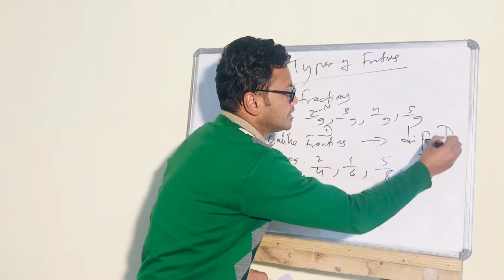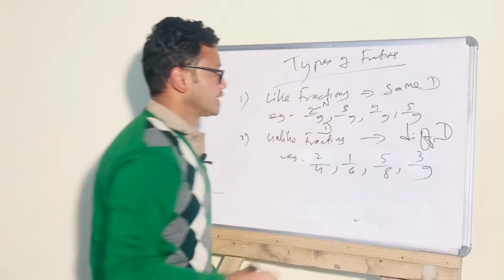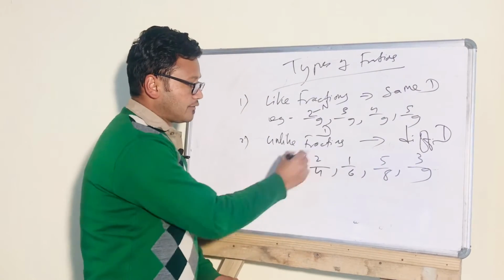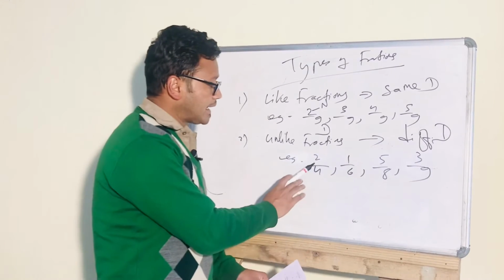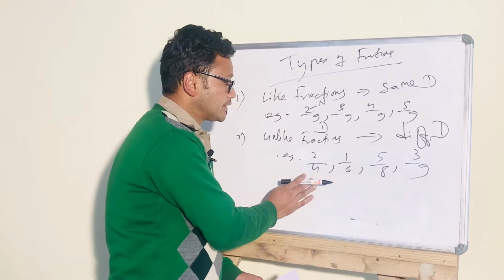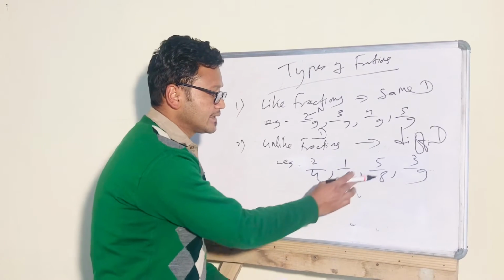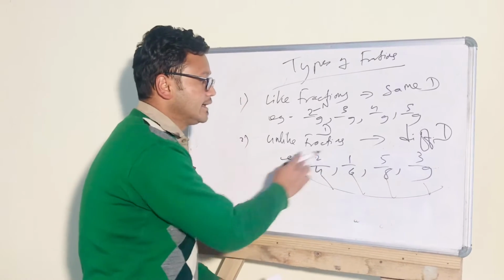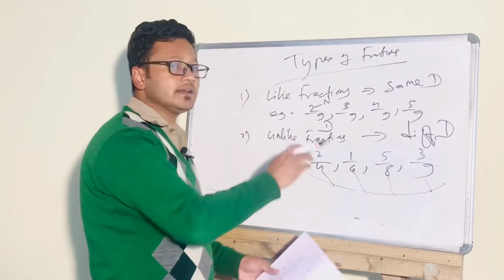It doesn't matter if the numerator is the same, but the denominator should be different. 2 by 4, 6, 8, 9 are different denominators.